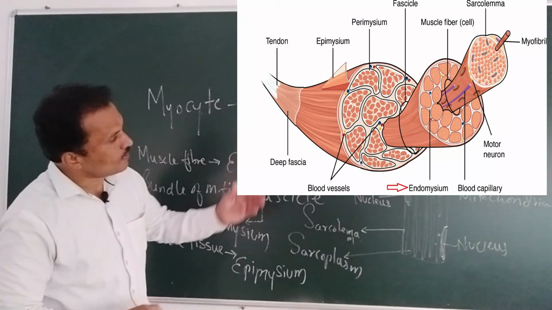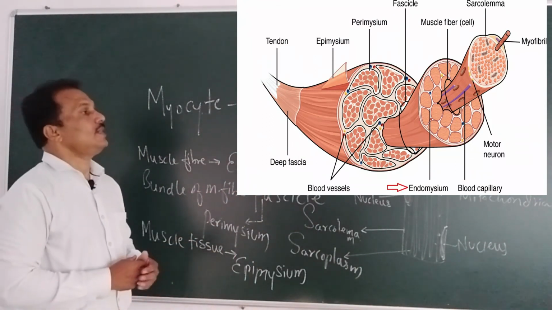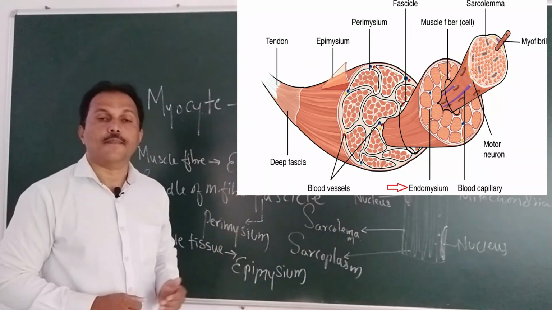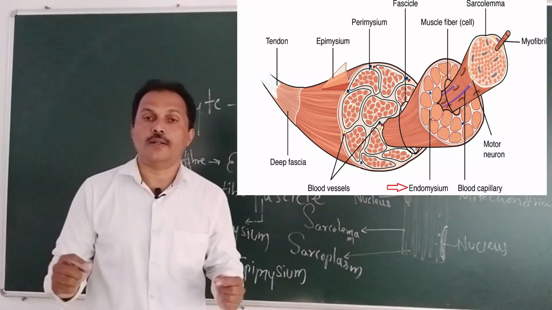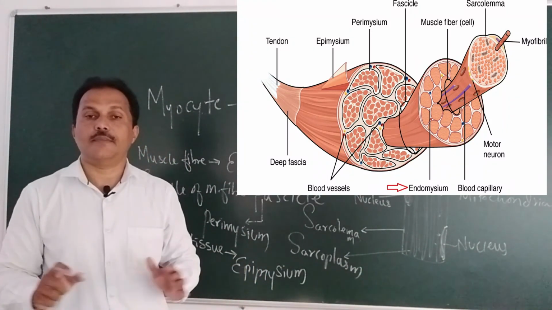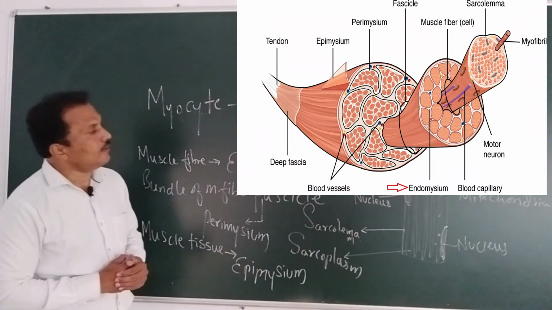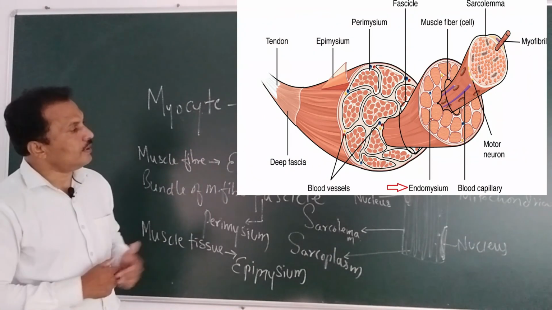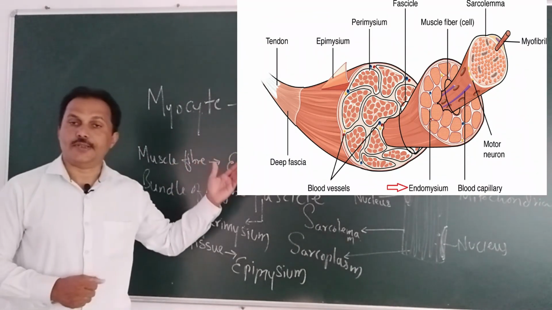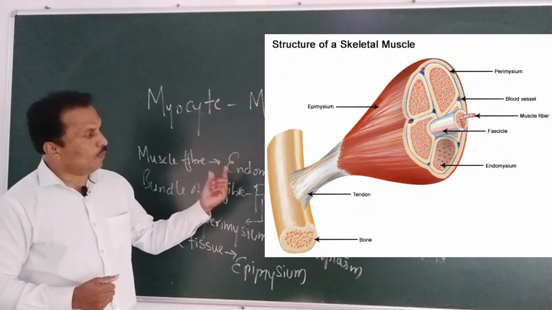The bundles of muscle fibers in this diagram are known as fascicle, and that fascicle is covered by perimysium. It is generally present in all types of muscle tissue except in soft tissue, where perimysium is absent. After that, the entire muscle is covered by a layer known as epimysium. It is very nicely shown in this picture, and that muscle is connected to the bone with the help of tendon.